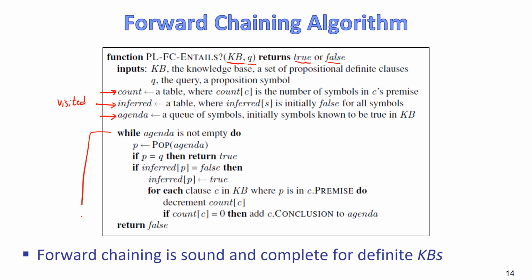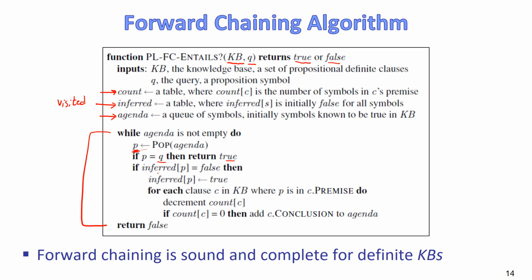We'll go through the loop, which is getting something out of the queue. So while the queue, which is the agenda, is not empty; once the queue is empty, then we are done. While it's not empty, we get something out of it. And if that's the query, then we are done. If not, then we see if that was visited before or not.